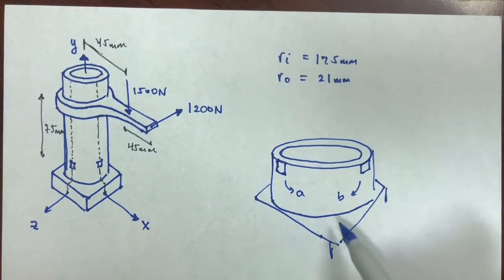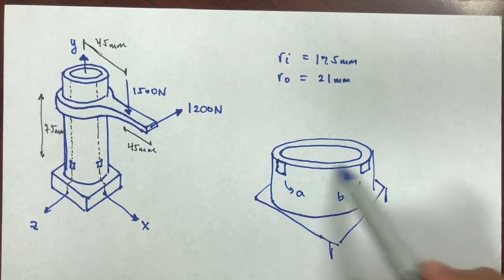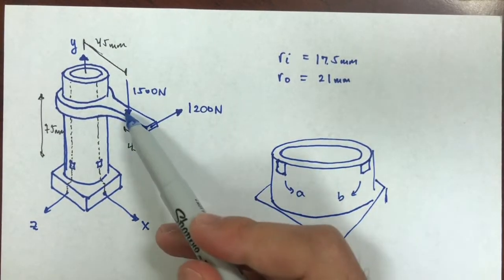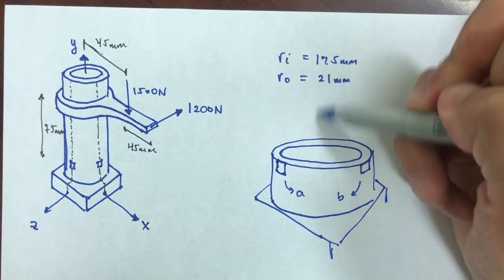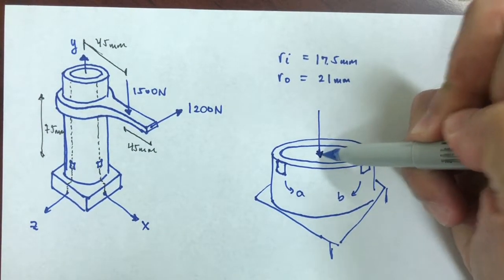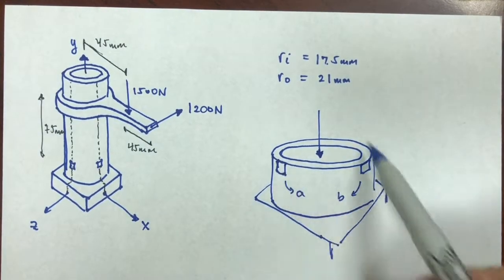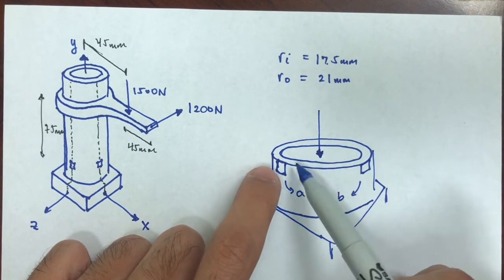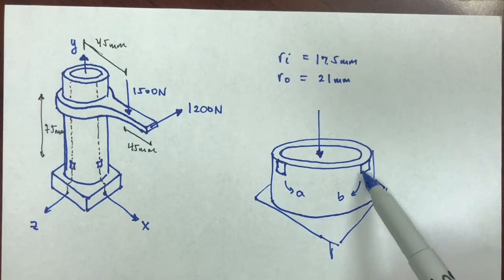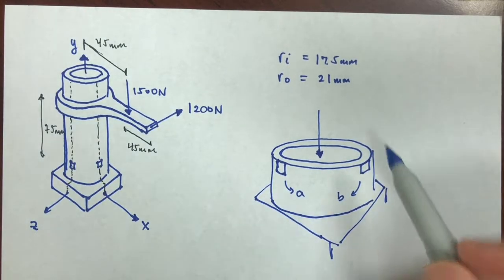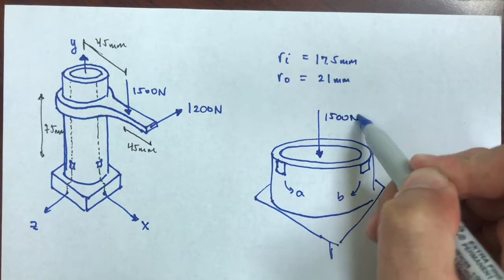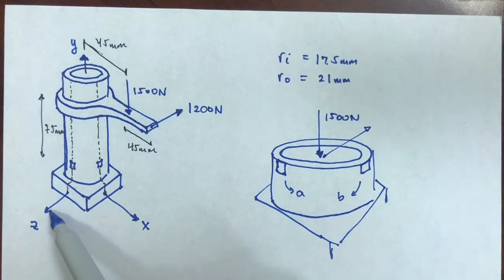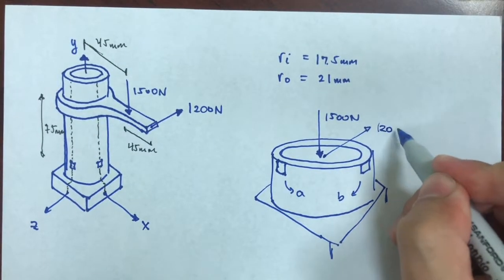If I remove everything else from this cut up, I would have to replace all of these loads somehow. The 1500 load would be located on top of this, not in the center in the hole, but on that face everywhere, distributed. Divided by the area, that would cause a normal compressive stress that would affect both A and B. I still have my 1500 load, and I would still have a shear going in the negative X direction of 1200 newtons.